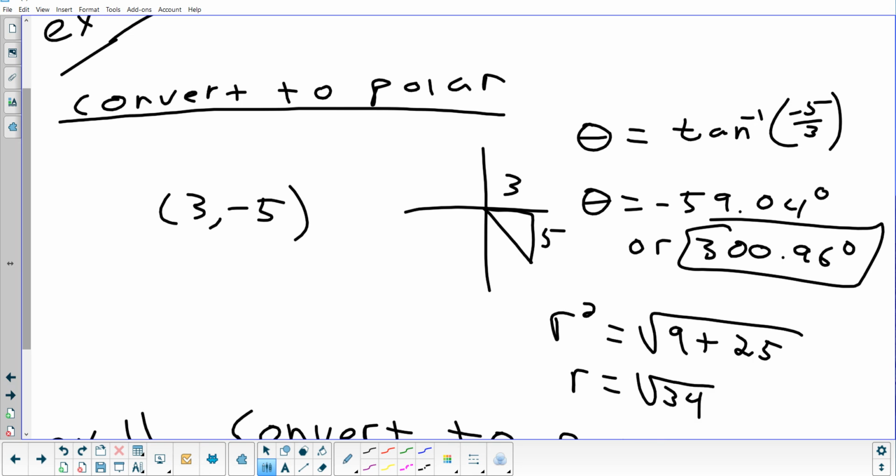Yeah, and if you rounded the angle off, you probably should round the radius off too, but we could leave it exact, I guess. That's fine. So the coordinate is r, comma, theta. And remember, there's 4 ways to write that coordinate. Another way would be square root 34, negative 59.04.